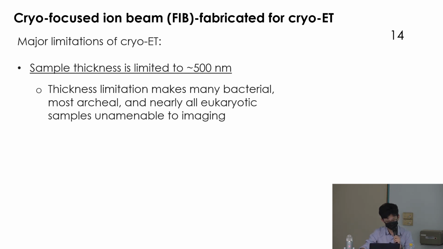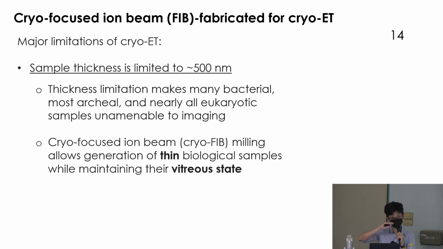So there are two ways to trim your sample. One is called cryosectioning, just cut it with a knife, a diamond knife, but we don't really use that. It's very laborious and difficult to control. The currently most popular way is using an ion beam to cut it.